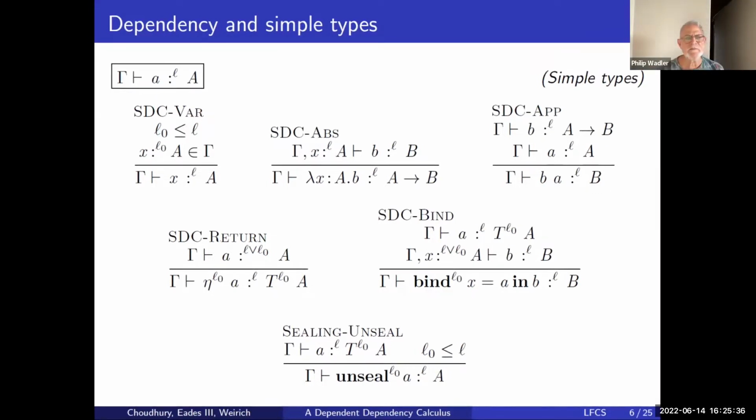So what does it mean to say something has type T L0 A? What is that L0 guaranteeing us? That is telling us about what variables that A depends on, right? So all the variables that are used by A have to be at something that is less than or equal to L0.